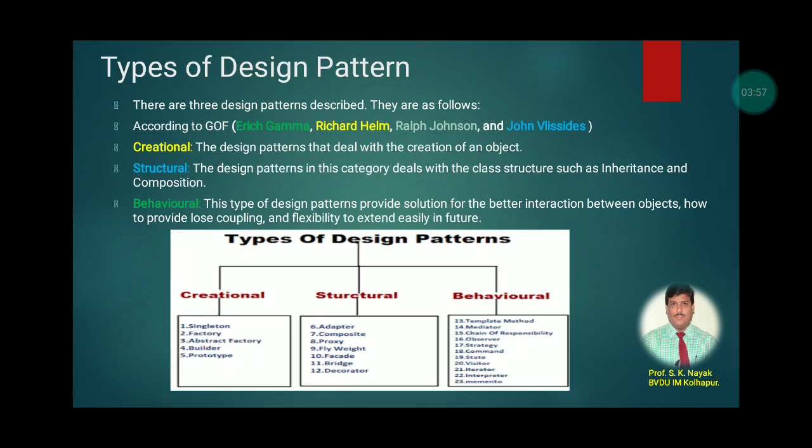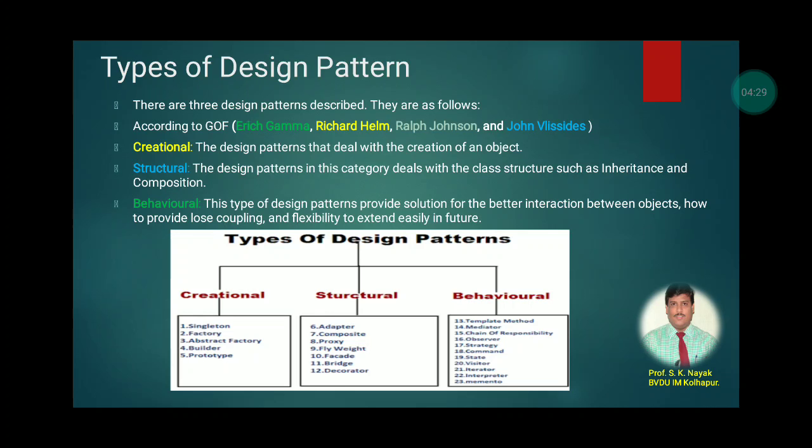Similarly, the 7 structural design patterns, adapter, composite, proxy, flyweight, facade, bridge, and decorator, all address the structure of an object, a class, or a particular subsystem. So all these 7 design patterns have a common feature, that is structural features.